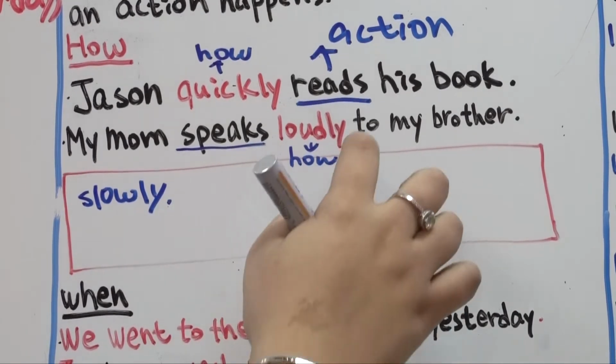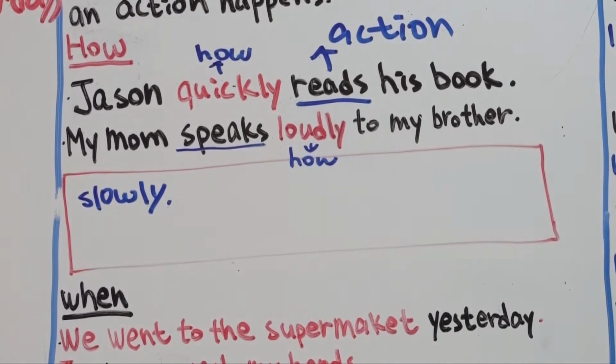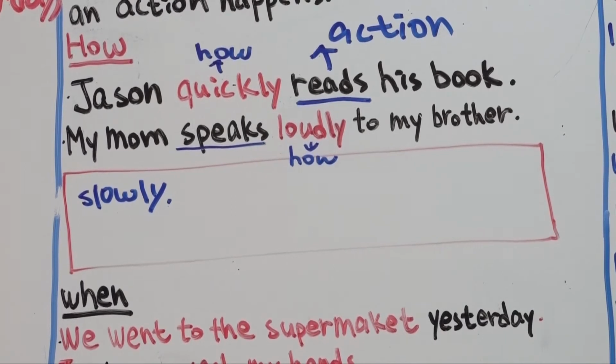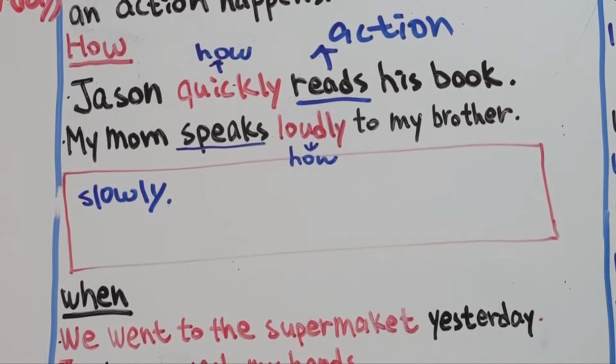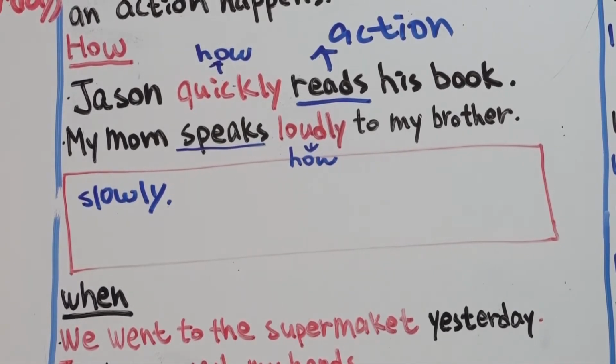All right. What is the opposite of loudly? Do you know what is loud? It means you are making lots of noise, right? Very loud. What is the opposite of loudly? So loud is the volume. When the voice is very, very loud, right?